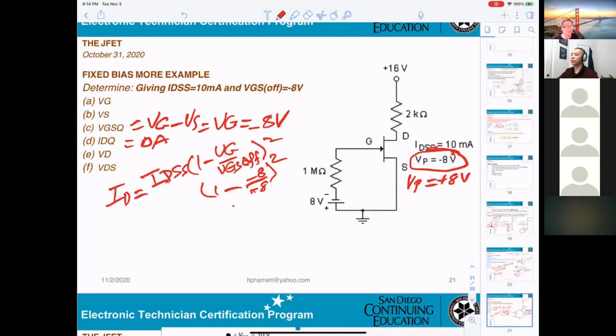So what is the VD? 16 volts. Perfect. I think I know, the voltage drop across the 2K: since the current is 0, it should be 0, so VD equals 16 volt. That's correct.